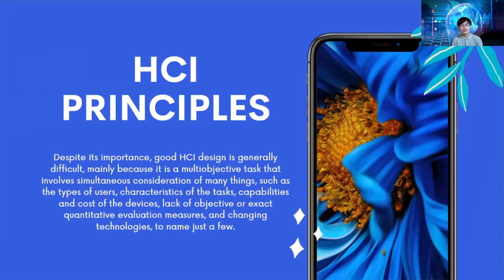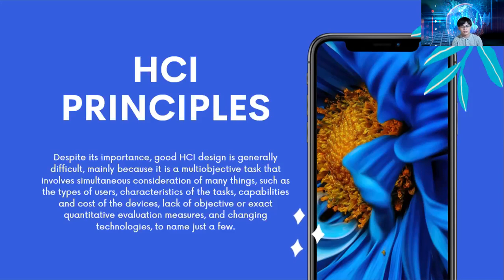So there are a lot of things that you must consider, such as the type of user who is going to use your application. Is the application for kids or for adults? And the characteristics of the tasks. What are the different tasks? What are the different features that your application will do, and how it will solve the problem?